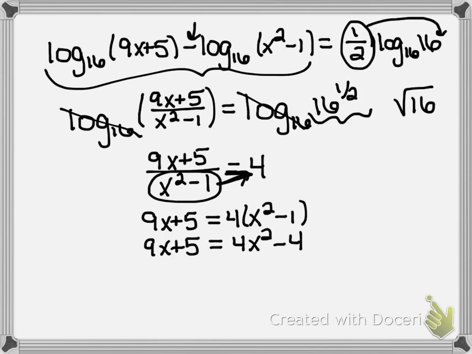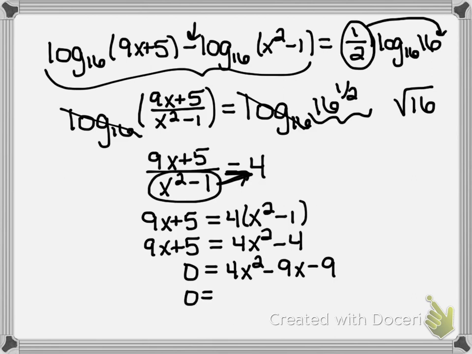And now that it actually looks like a quadratic, hopefully you would remember that when you want to solve your quadratic, you want to set it equal to 0 so that you can factor it. So I'm going to move everything over to the right side. And when I do that, I would have 4x squared. I would subtract the 9x to move it over. And then when I subtract the 5 to move it over, I would have a minus 9 on the right side.